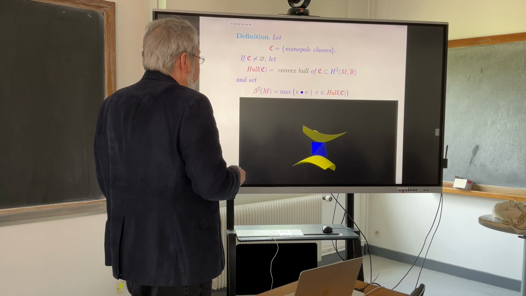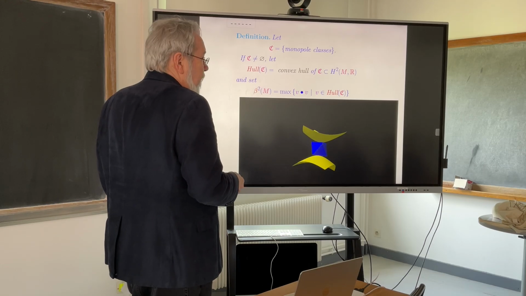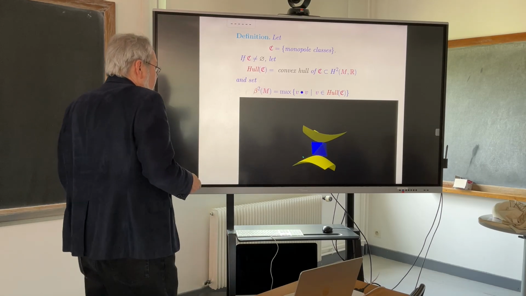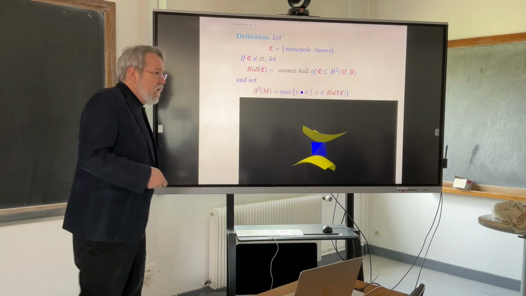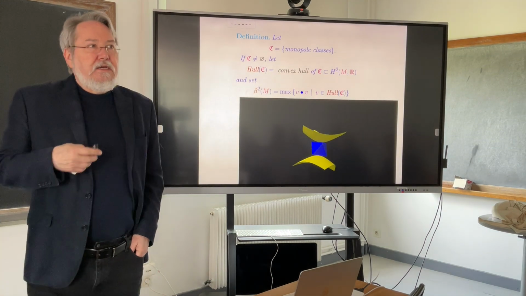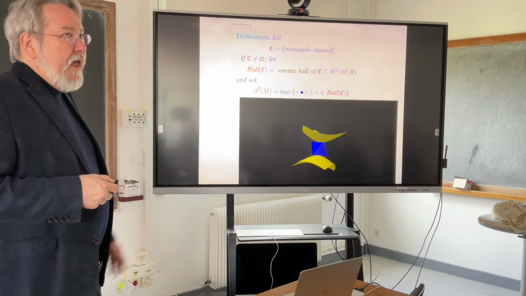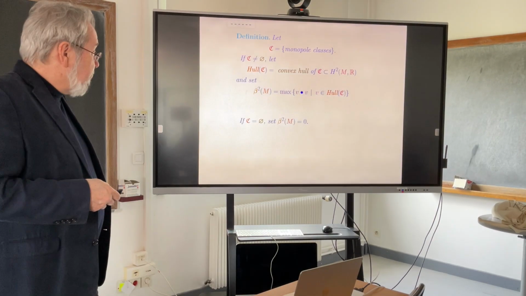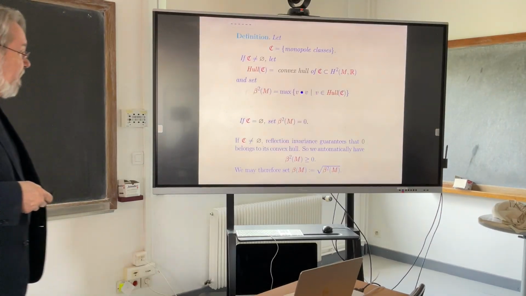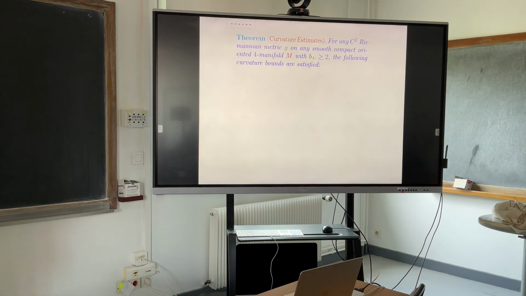You take the intersection square of points in the convex hull. And the maximum is certainly going to happen on the boundary of the convex hull, but it typically does not happen at one of the monopole classes, reflecting the fact that this intersection form is not positive definite.